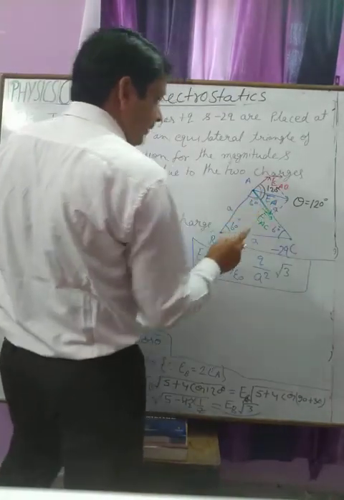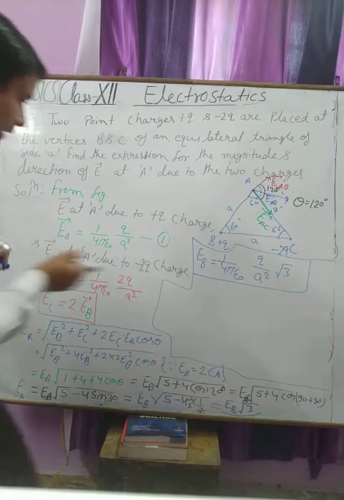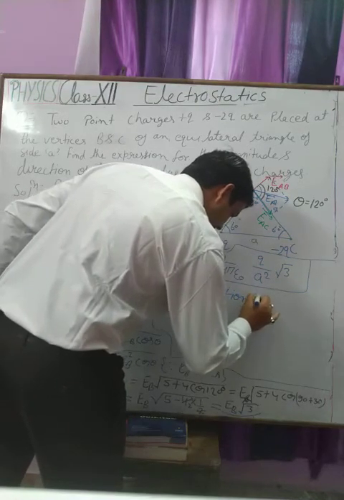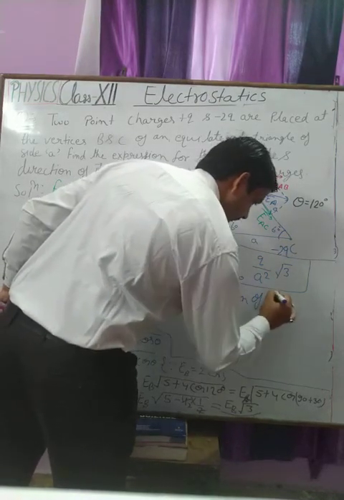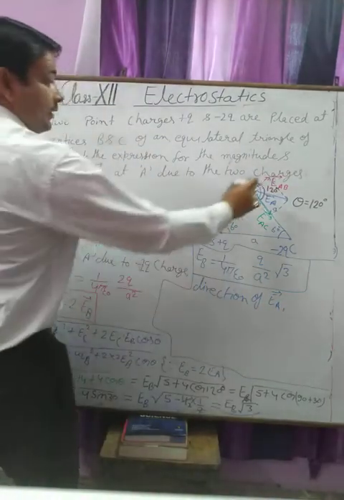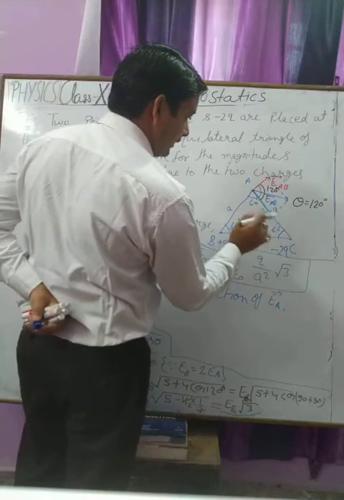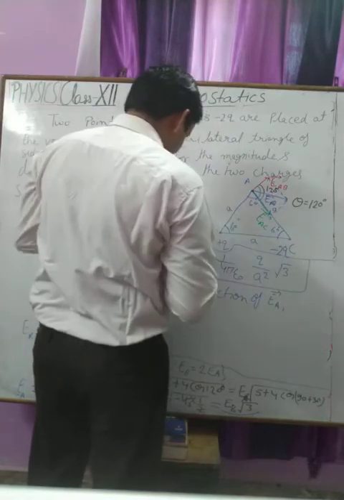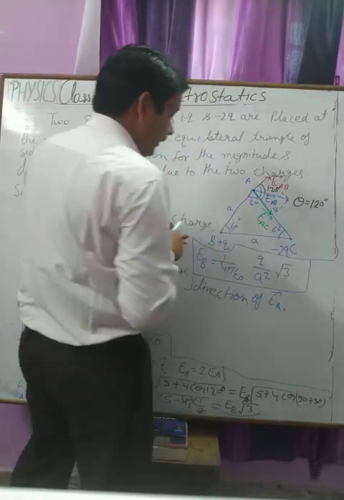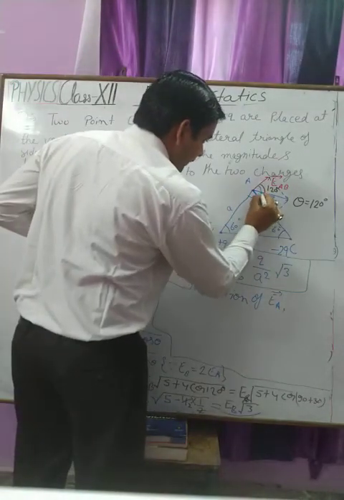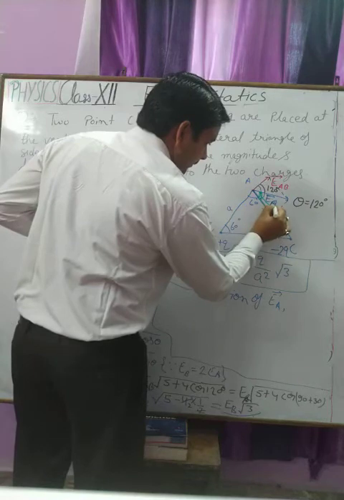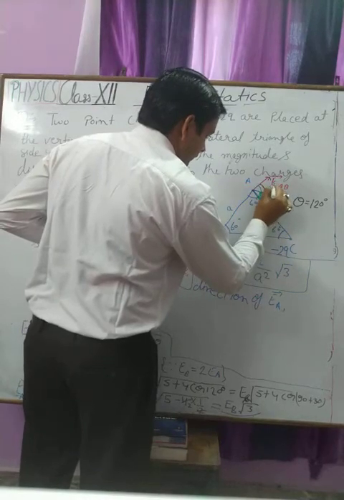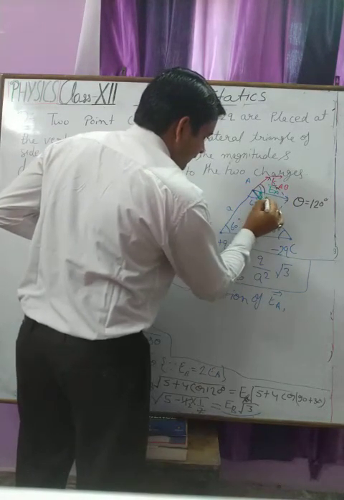and the direction we need to calculate. So we are using the formula for the direction of EA. Suppose this makes an angle alpha.